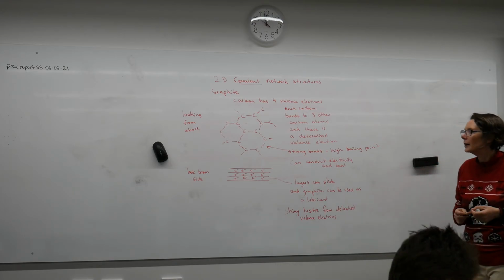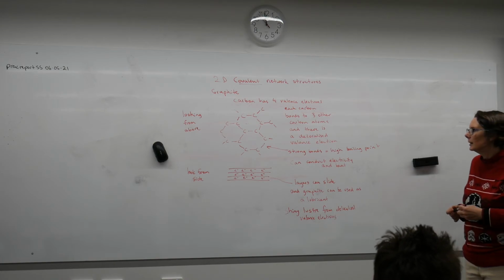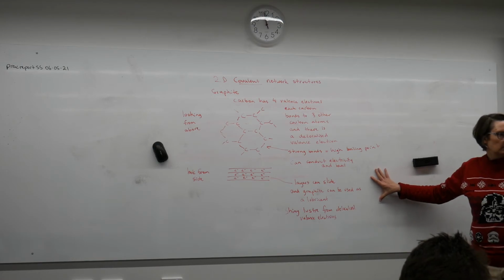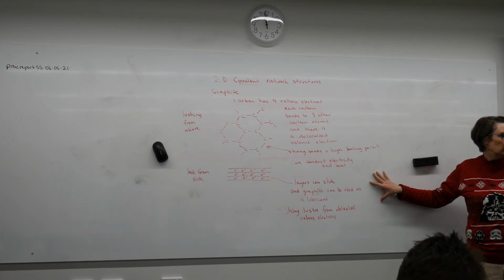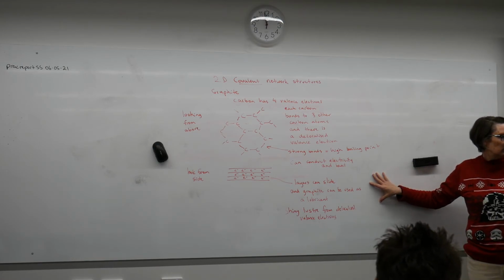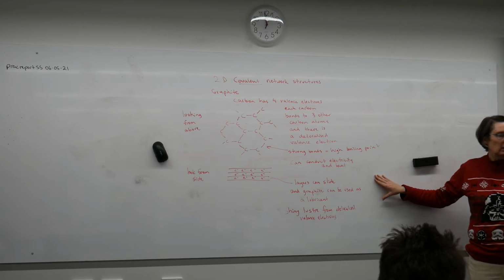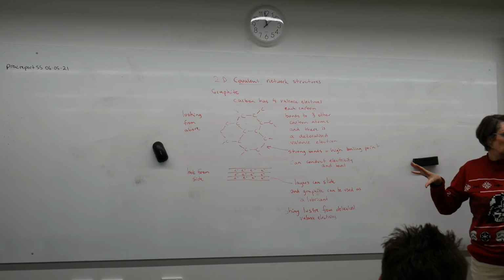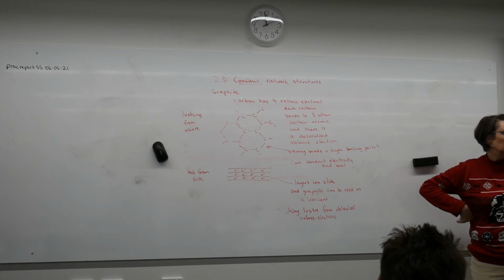Just the element carbon is a solid at room temperature. This can't be metallic bonding because carbon is not a metal. Does that make sense? It's sort of a fundamental thing that it can't be. But in this bonding arrangement, it has some properties that are similar to a metal.